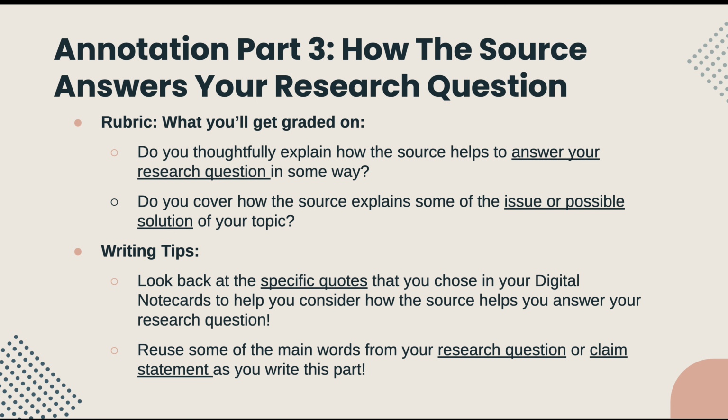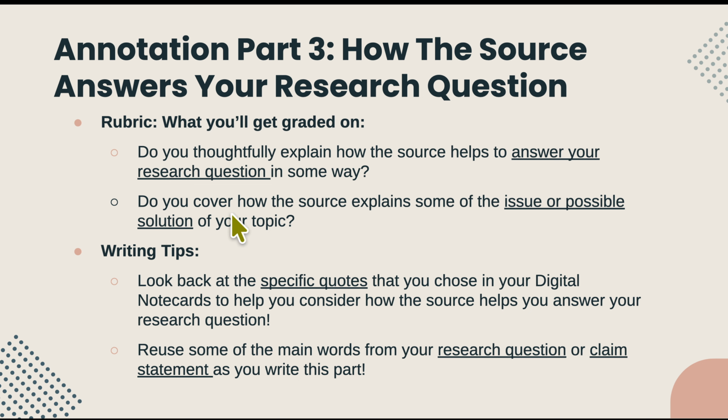Writing the third part of the annotation. This is where you're going to explain how each source helped you answer your research question. So what you'll get graded on for this part is, do you thoughtfully explain how the source helps to answer your research question in some way?